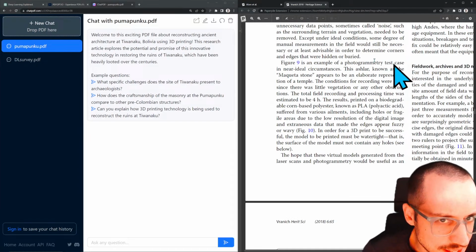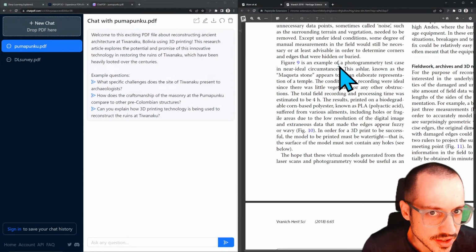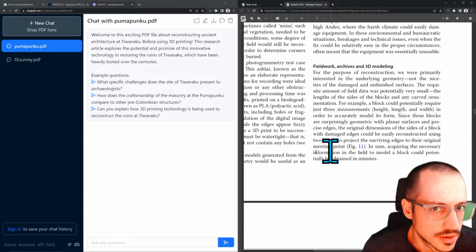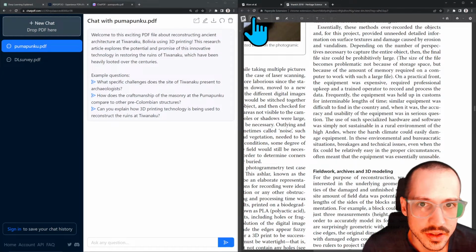Figure 9 is an example of photogrammetry test case in near identical circumstances. See, let's find something weird here.